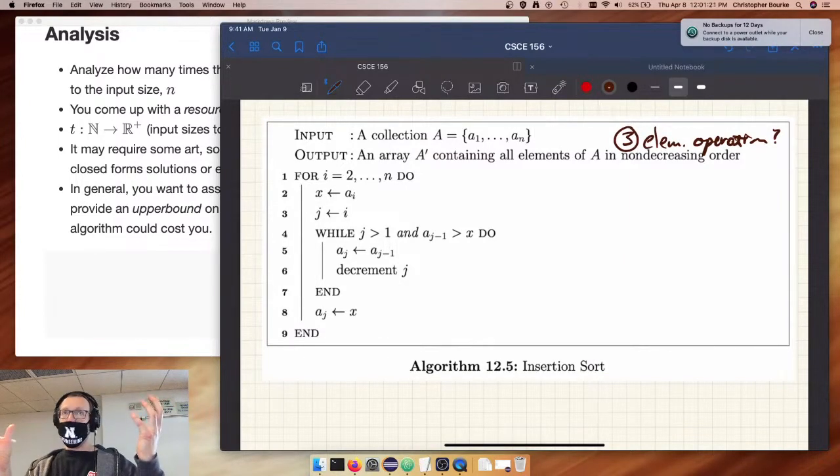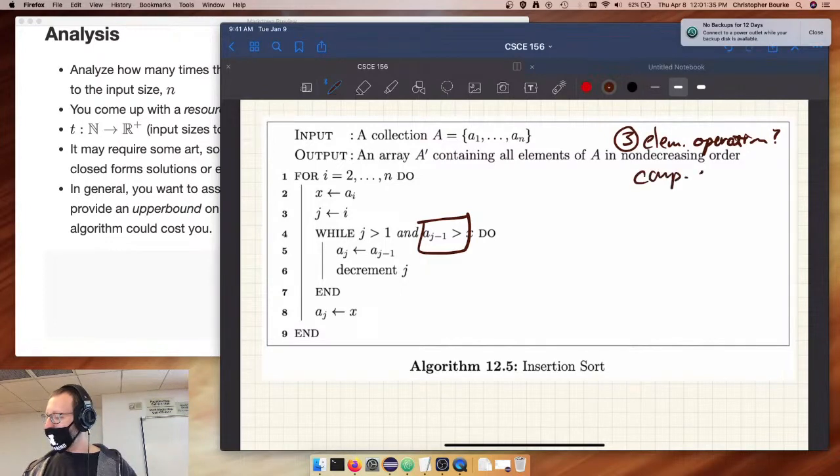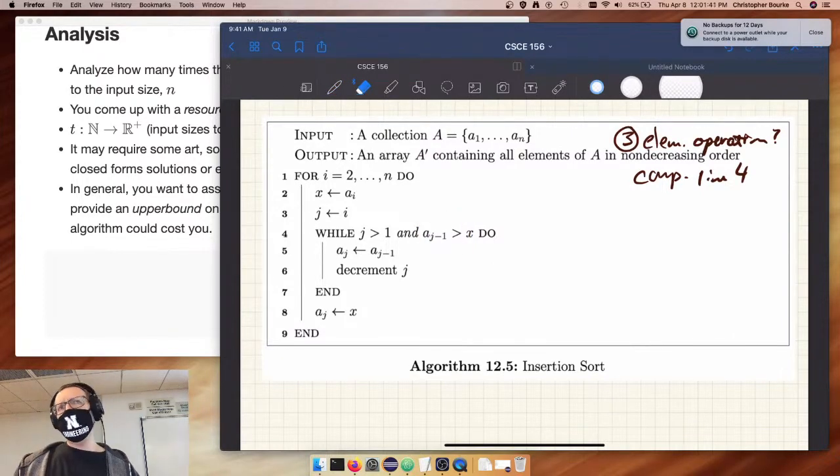I stop my process and I insert the element where I need it to be. I'm going to vote for this right here, that comparison, right? So the comparison on line 4, right? The second one, not the first one, but does it matter? Go ahead and count them both.